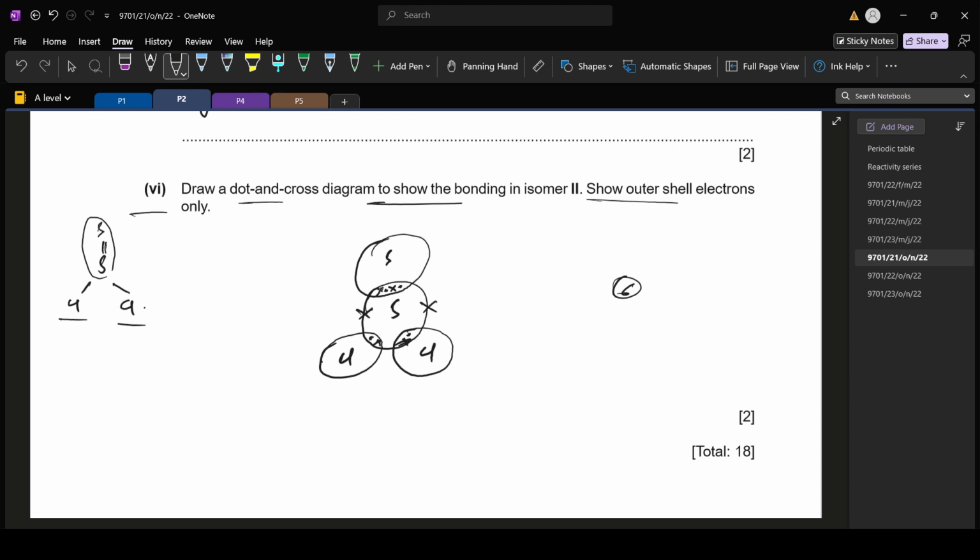This sulfur shares only 2 electrons in the bonding, and the remaining 4 will be like this. Chlorine has 7 electrons because it is in group 7, so only one is shared, and all the other 6 will be in the form of lone pairs. So this is your dot and cross diagram.